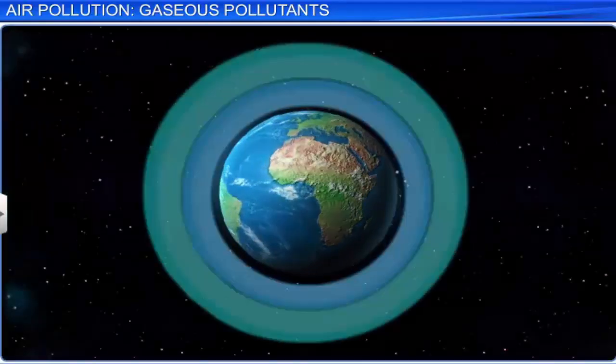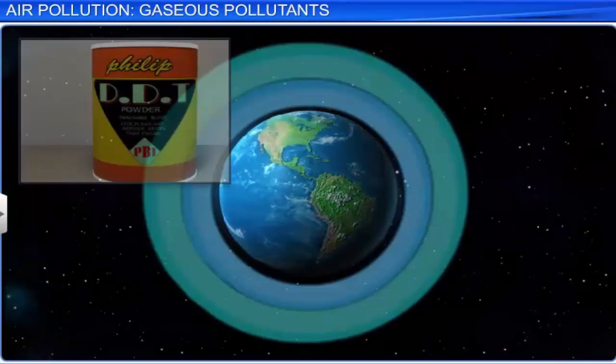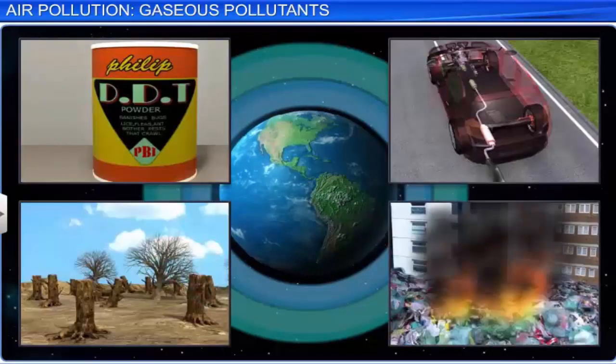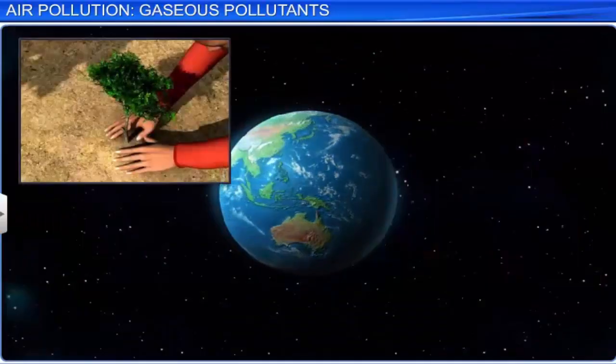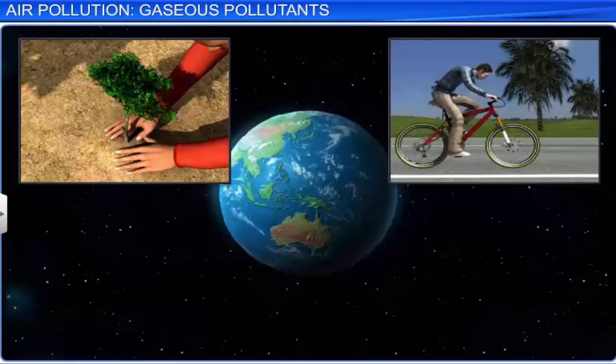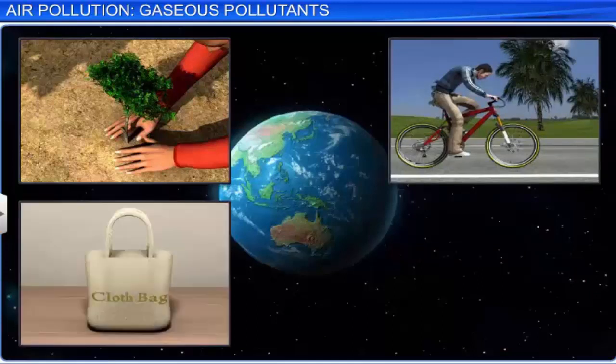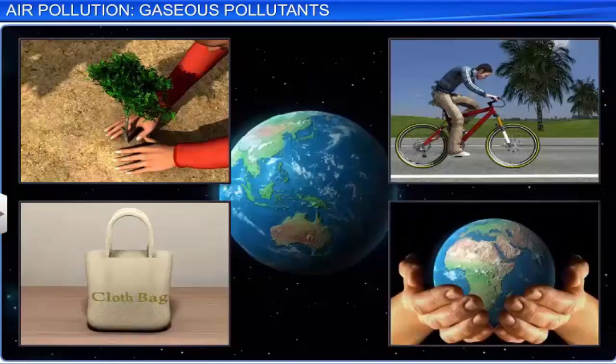By now, you have seen how much damage is being done to our Earth's atmosphere every day. So do your bit to save our planet by planting trees, reducing the use of fossil fuels, and saying no to plastic. This will help save our one and only home from further damage.